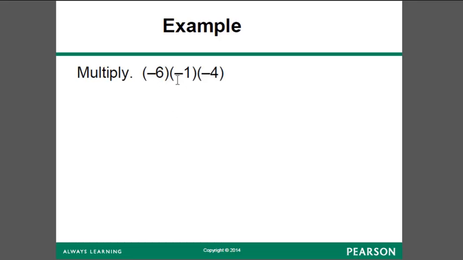Negative times negative, -6 times -1, would give me a +6, because negative times negative, there's two negatives, which is even. +6 times a -4, that's a positive times a negative. There's one negative, therefore my answer would be -24.